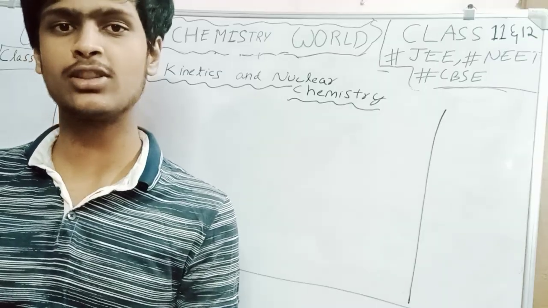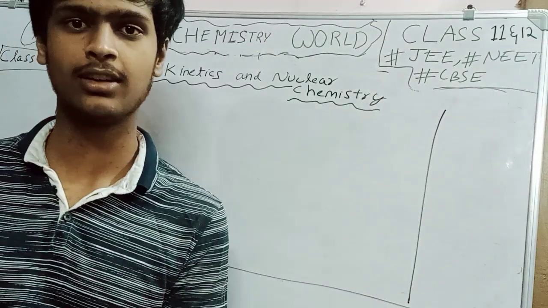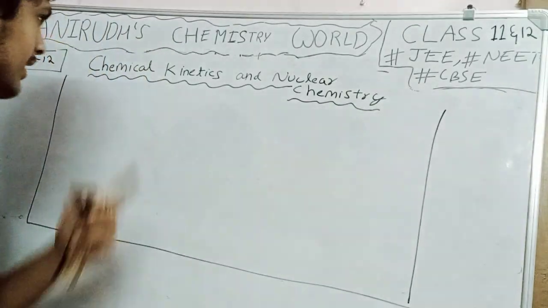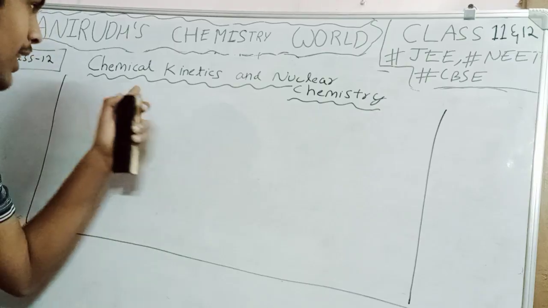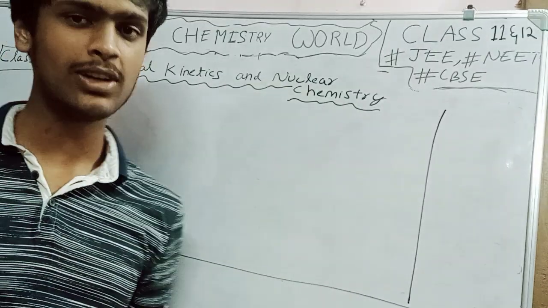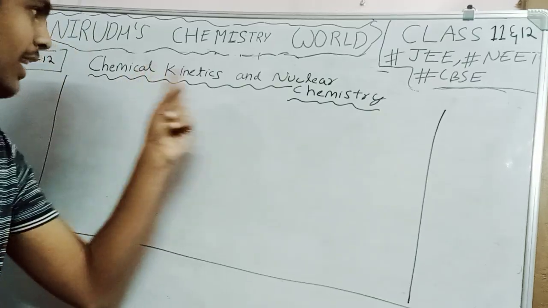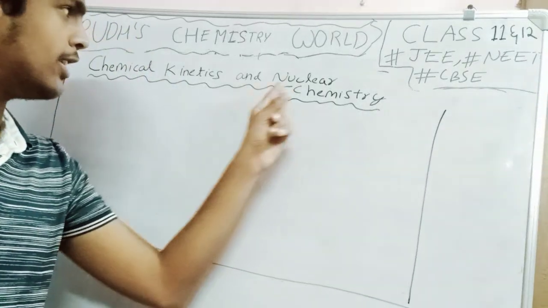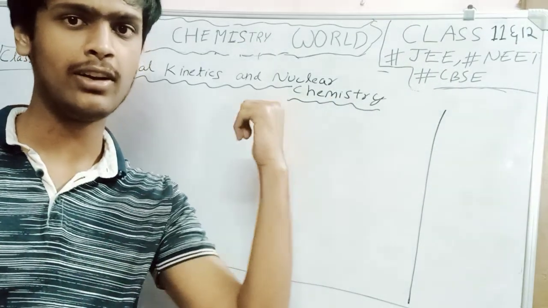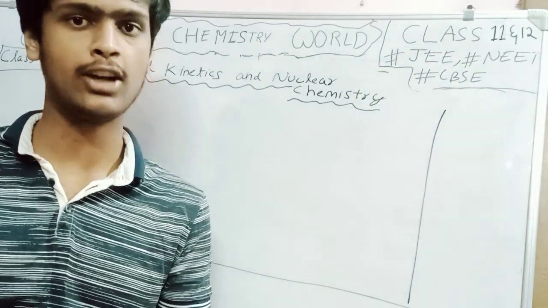Today we are going to start a very new chapter, that is Class 12th Chemistry, Chapter 4, Chemical Kinetics and Nuclear Chemistry. Actually this is a chapter which is a combination of two chapters. The first one is Chemical Kinetics, which is related to the rate of a reaction, and the second one is Nuclear Chemistry, which you will always see in the other chapter, atomic physics.